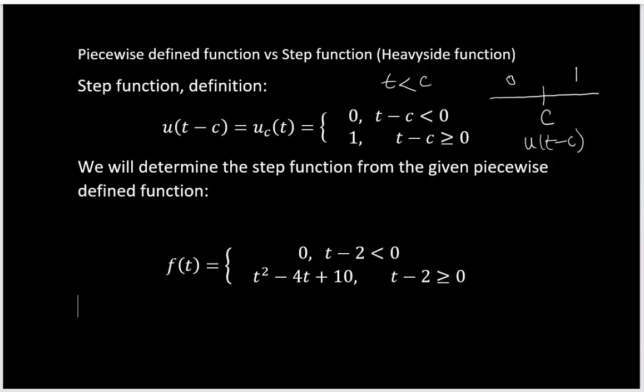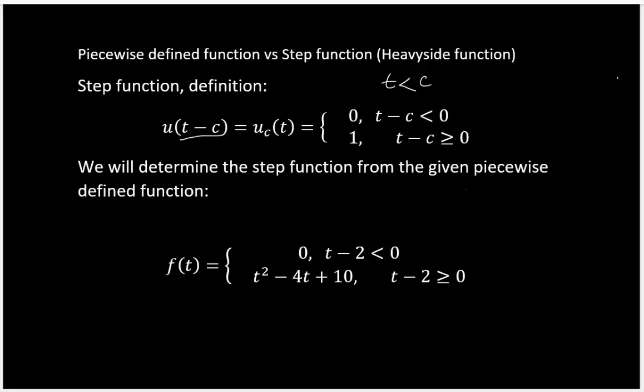And we know that this piecewise defined function is now coming as u(t - c), and first you write 1 minus the left side value 0. So that is exactly the definition you can see here, u(t - c). So that we get.